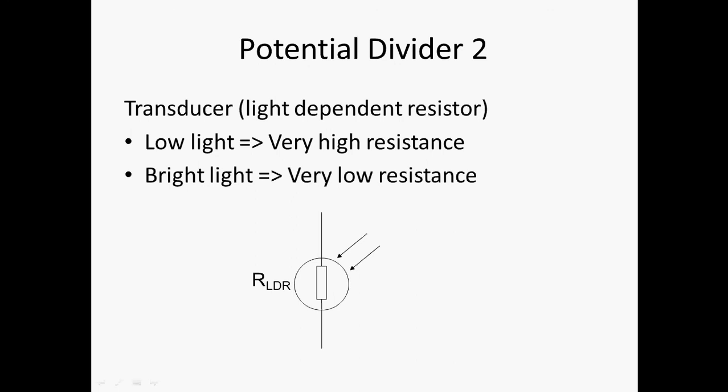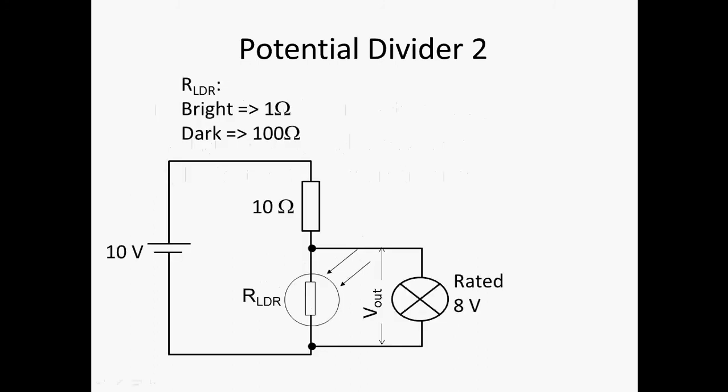First of all, this is how the diagram of an LDR, or light dependent resistor, looks like. Now let us explore a case where you replace the resistor here with an LDR. Let's imagine that when it's bright, this LDR has a low resistance of 1 ohm, and when it's dark, it has a high resistance of 100 ohm.